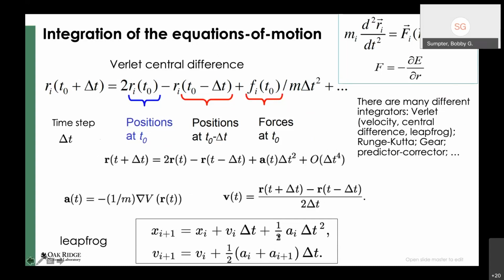It works just fine. And there's a variety of other kinds of integrators, ranging from Runge-Kutta and Gear to predictor-correctors. They all work and they all have different efficiencies. I think the most efficient one is the Verlet algorithm. So typically you don't need to worry beyond that for most molecular dynamics simulations.